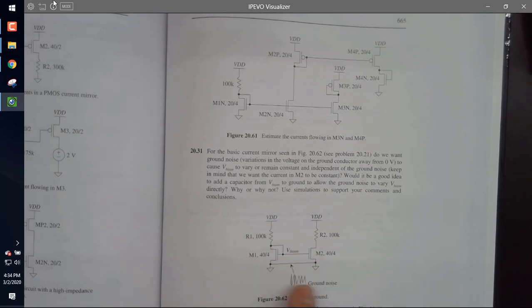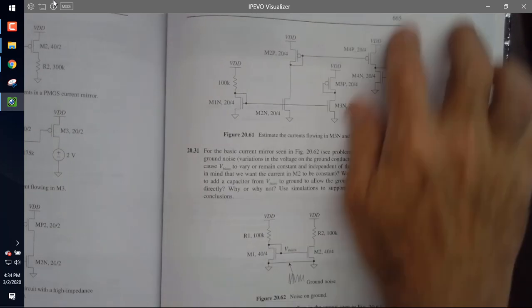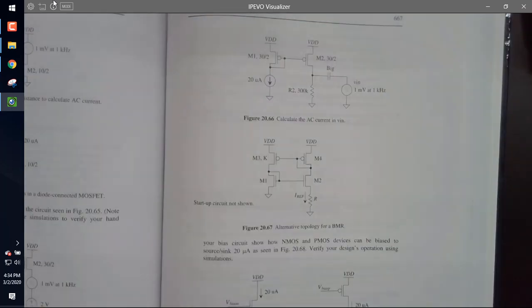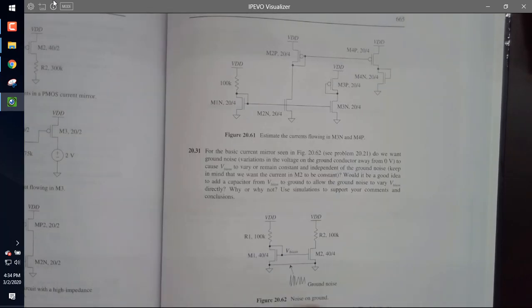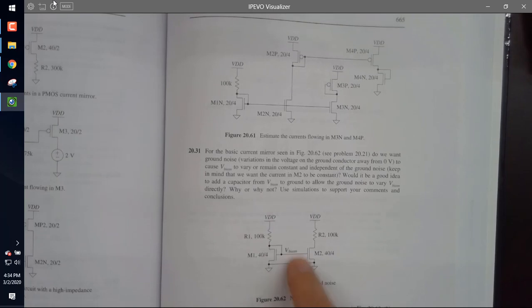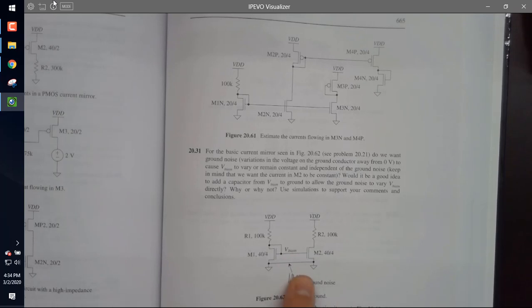So I will put a capacitor from ground to V bias N, or I will put a capacitor from VDD to V bias P. But would I put a capacitor from VDD to V bias N generally? No, because I want the noise on ground to be referenced to V bias N. I don't want noise on VDD to be referenced to V bias N, because V bias N is referenced to ground, not VDD.